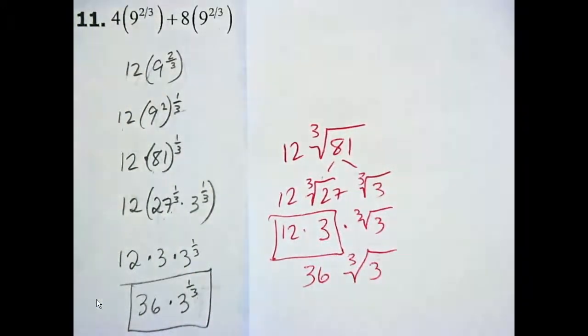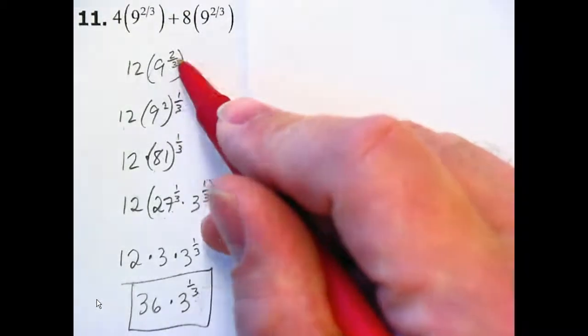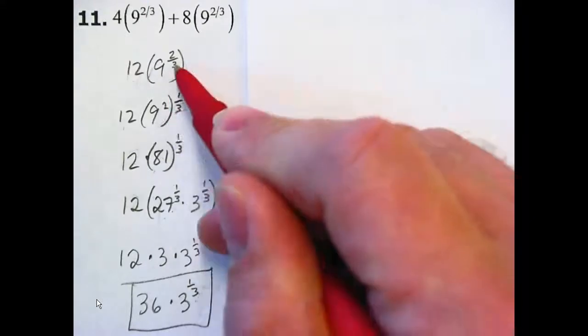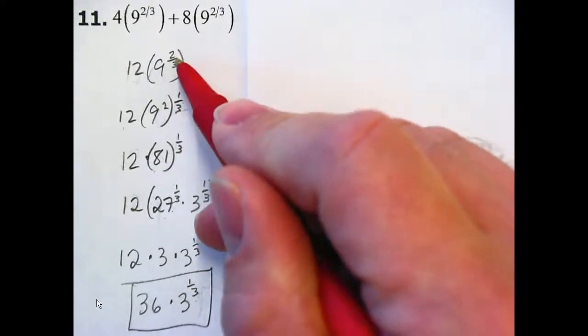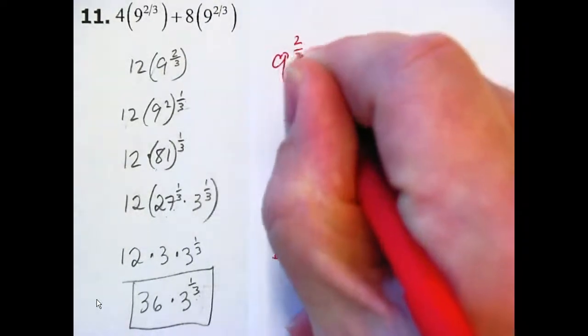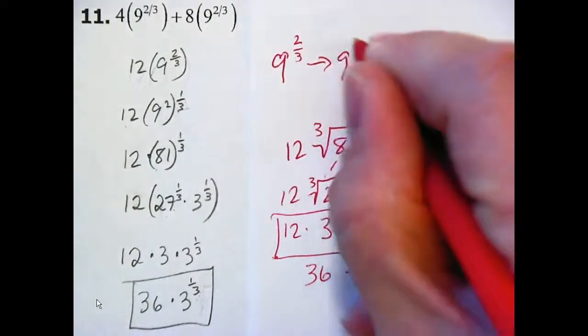You get the 1/3 out of the 9 to the 2/3, and then have to get the square off of that. Well, from here to here, you mean? Yeah. So when you're factoring out a 1/3, you can think of 9 to the 2/3 as the same as 9 to the 1/3 plus 1/3.